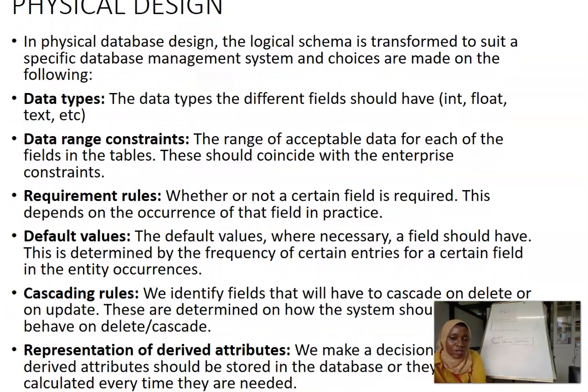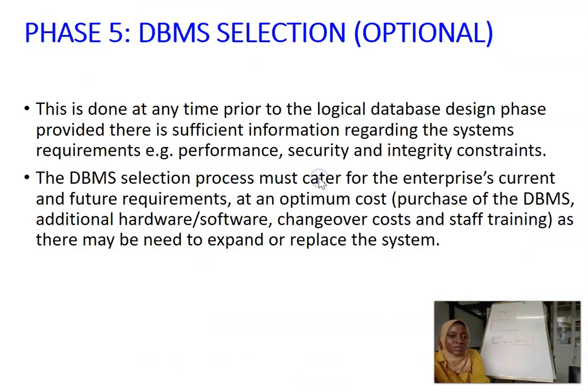And then also you're going to tell us at the physical design whether you are going to have derived attributes computed or you're going to have them stored in the database design. So all this happens at the physical design. You need to know all these things during that phase.